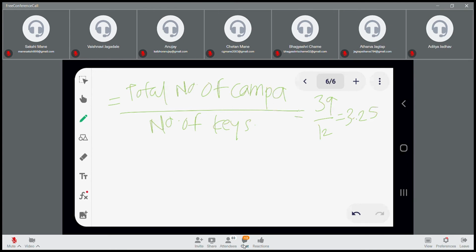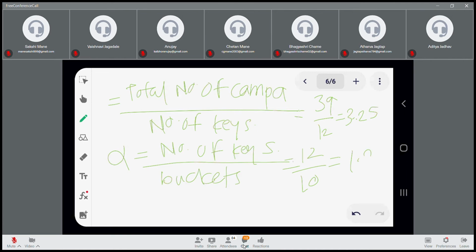Now, next is load density. Load density is denoted by alpha, and it is given as the number of keys divided by the total number of buckets. So the number of keys is 12 and the total number of buckets is 10. So your load density is 1.2.